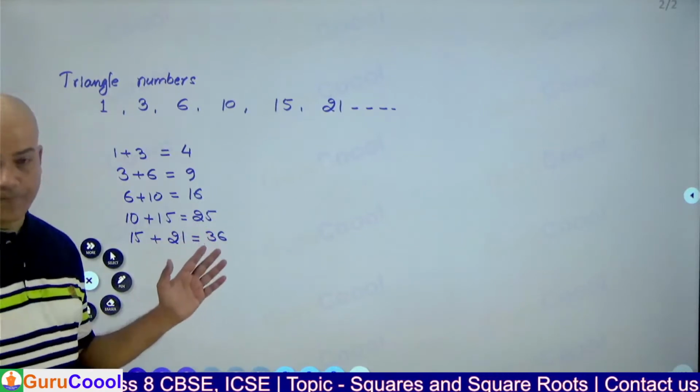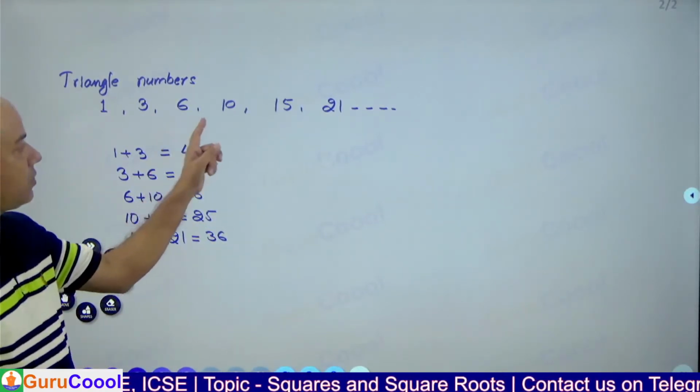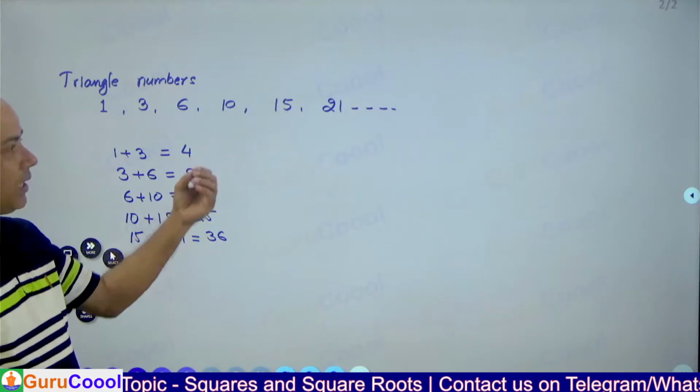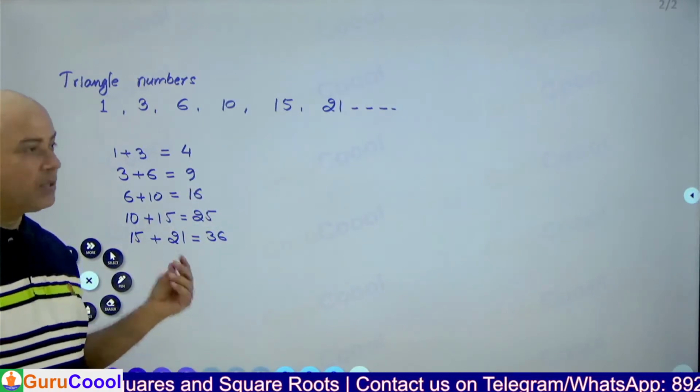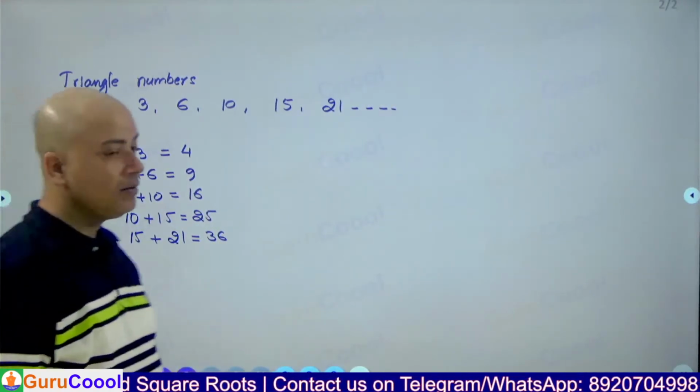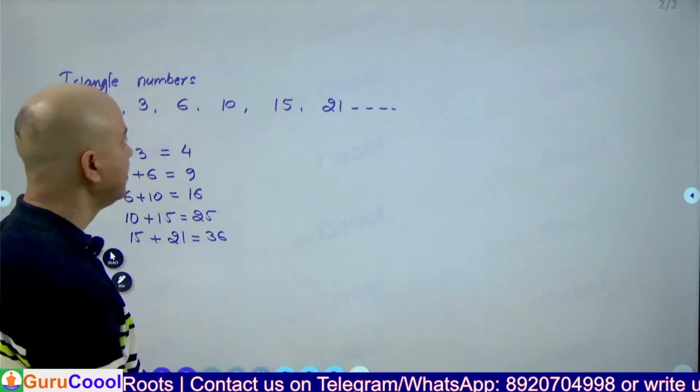Every time you take any two triangle numbers and add them, it will become a square number. Amazing. What's happening? Let us see.